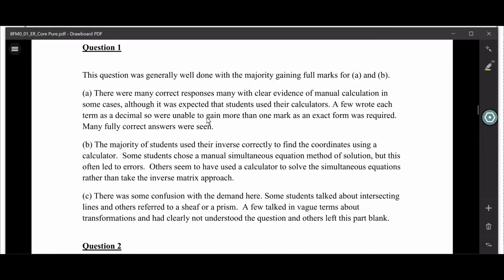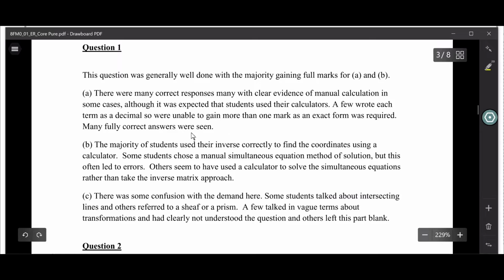So in terms of the examiner's report, the first thing which stands out is that this question was generally well done, with the majority gaining full marks for part A and B, which is good. And if we have a look at what people did for part A, many correct responses, you were expected to use your calculator.